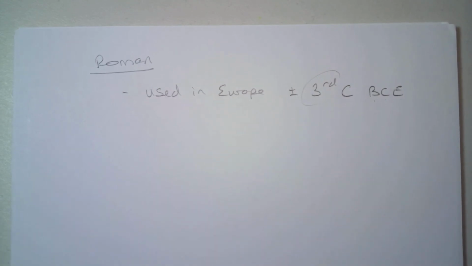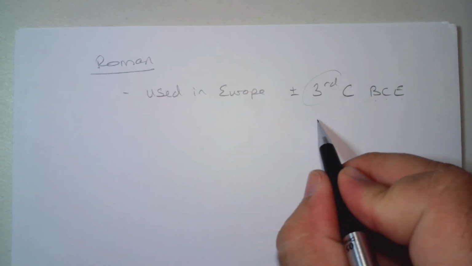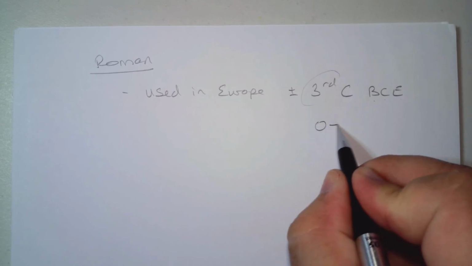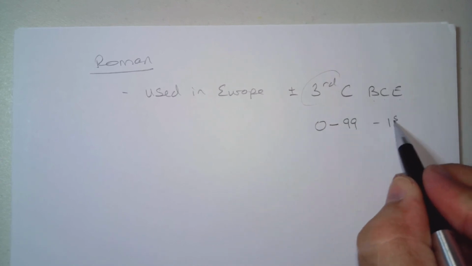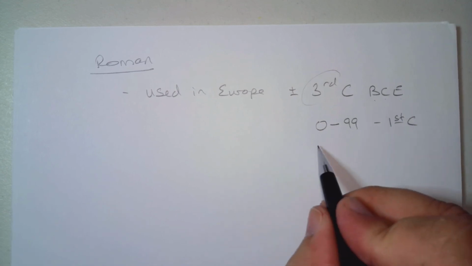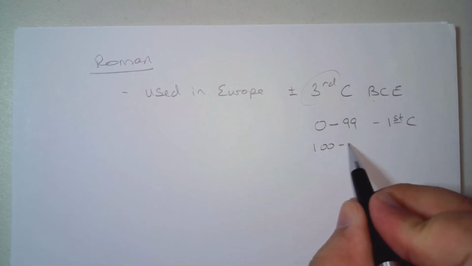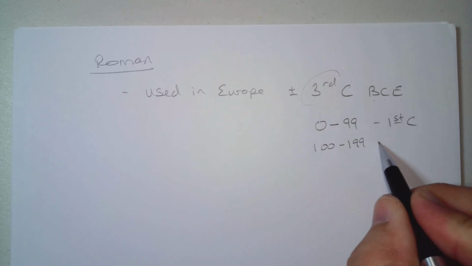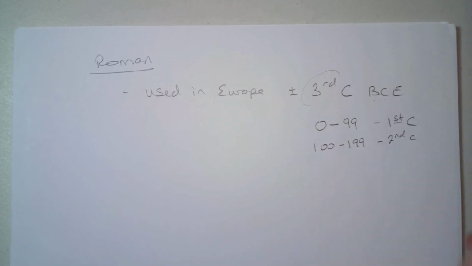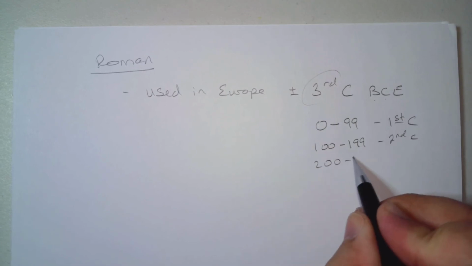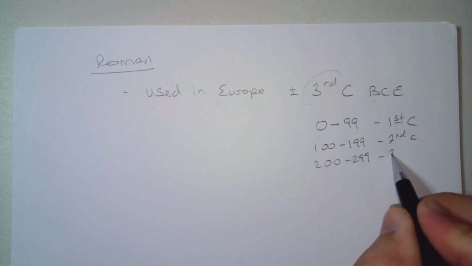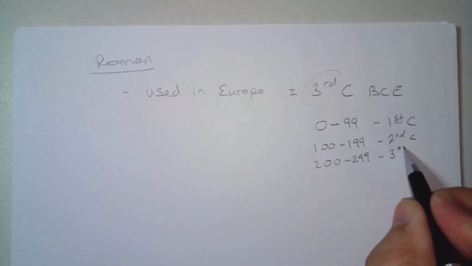When we say the 3rd century, we're talking about the 1st century is from the year 0 to 99. That's the first 100 years. From the year 100 to 199, the next 100 years, that's the 2nd century. From the year 200 to 299, that's the 3rd century.